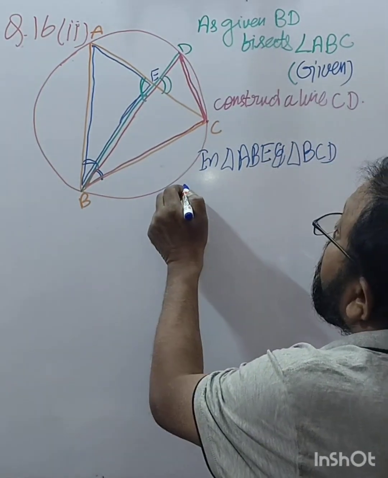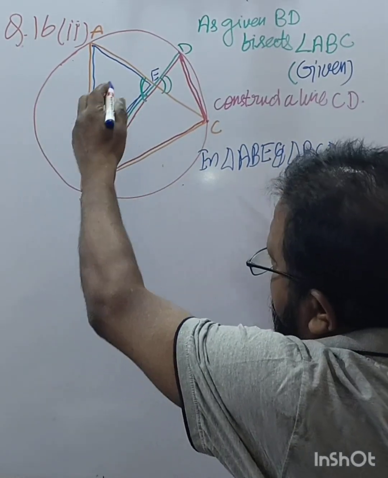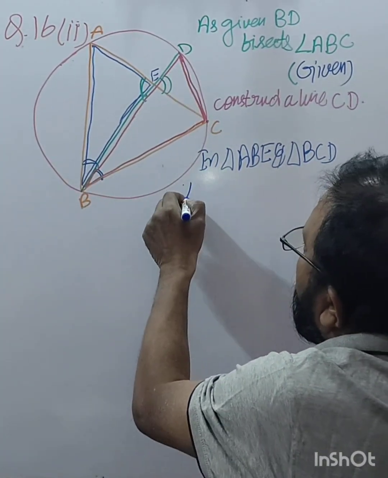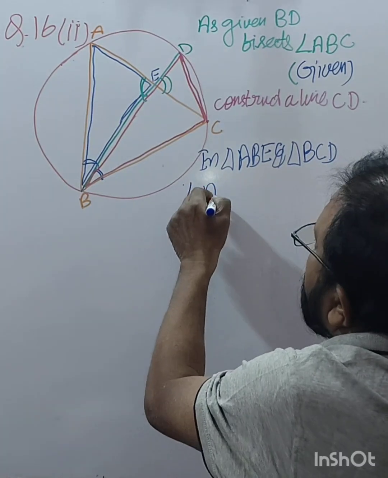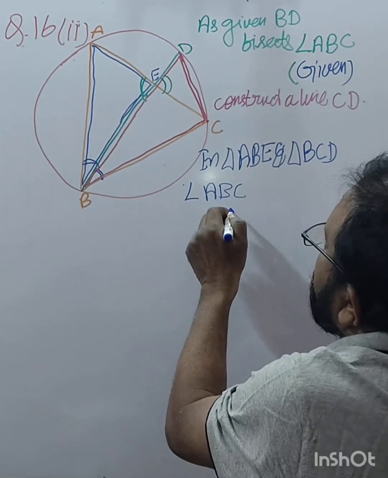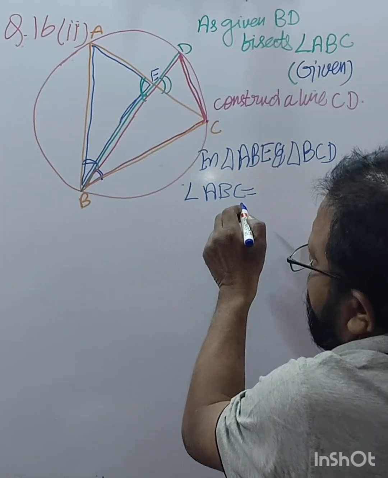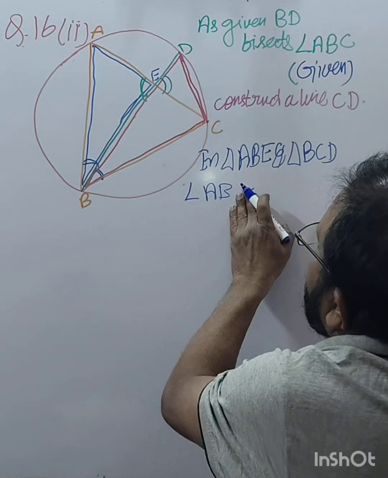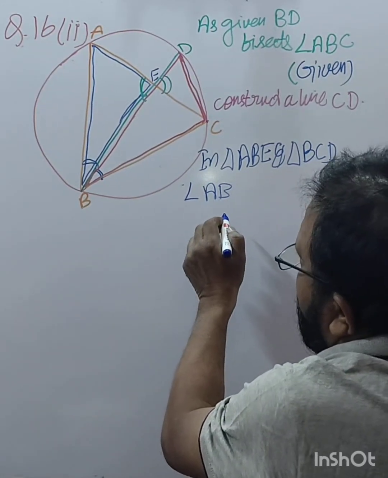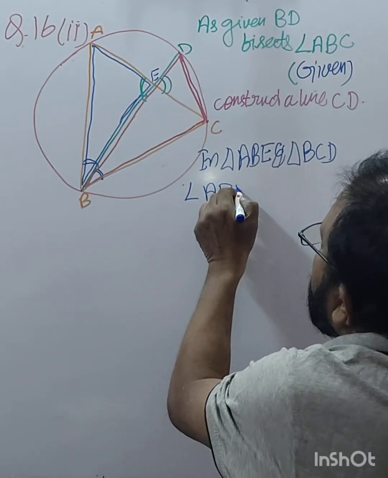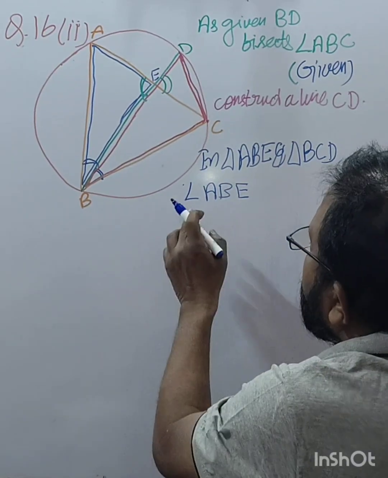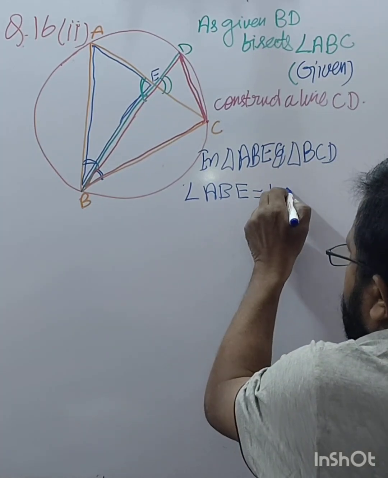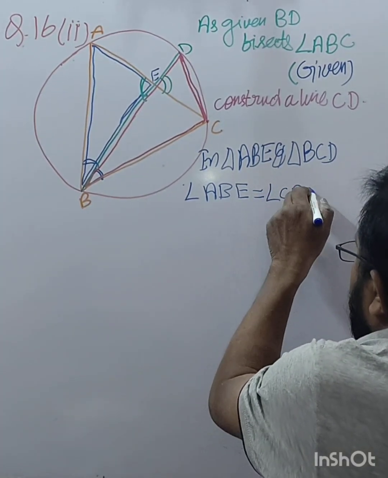So in triangle ABE and triangle BCD, angle ABE is equal to angle CBD.